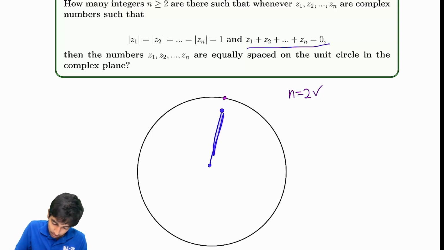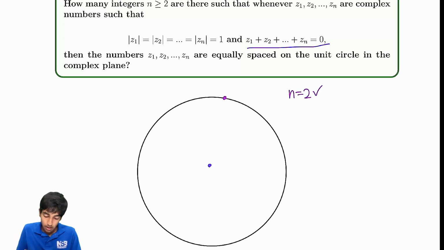Well, you can think about it in the plane. You must have the diametrically opposite complex number in order for their sum to be 0. Because if this is, let's say, 1 plus 5i, then the other has to be minus 1 minus 5i, which is exactly the point reflected about the origin.